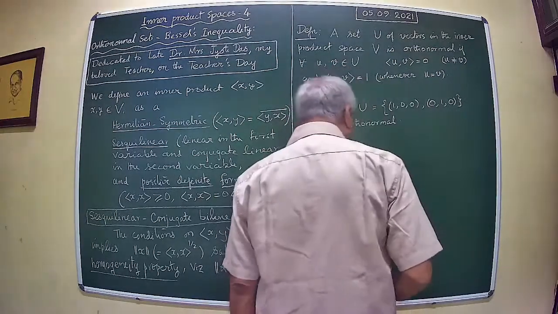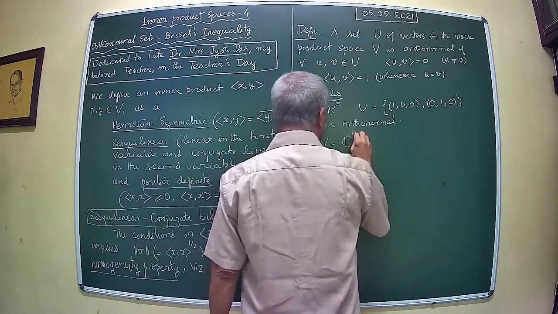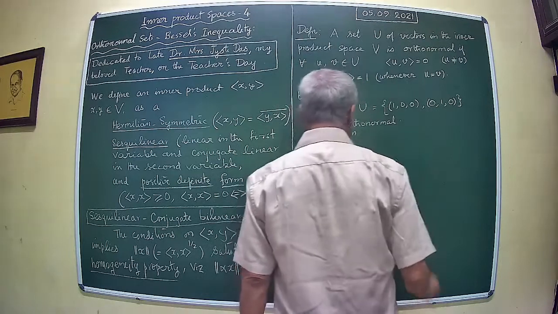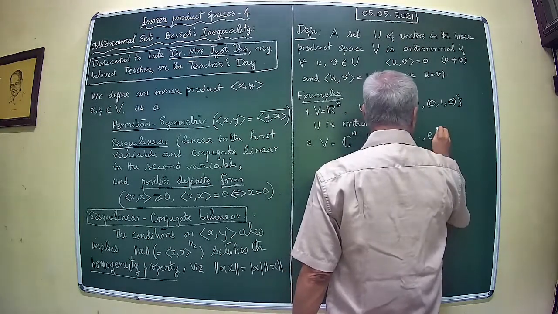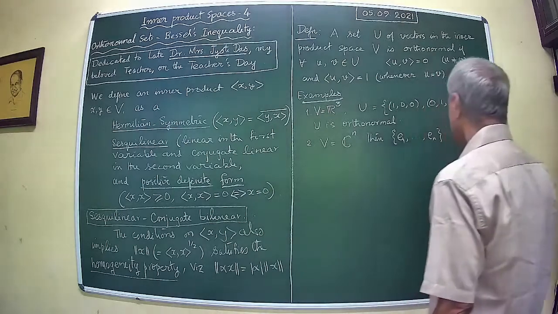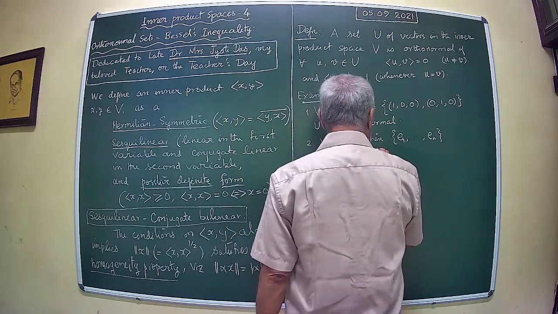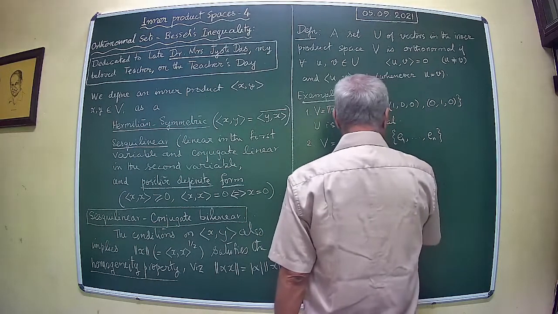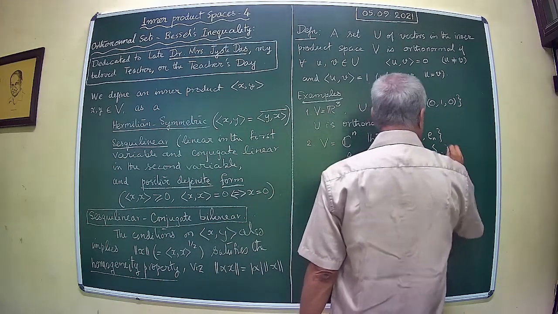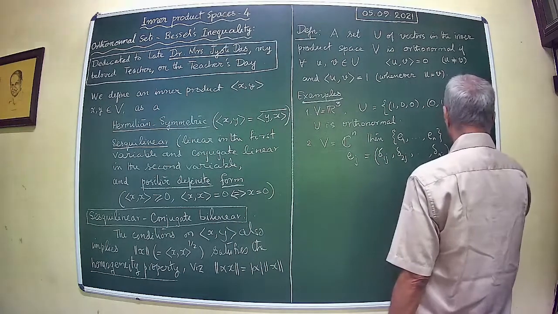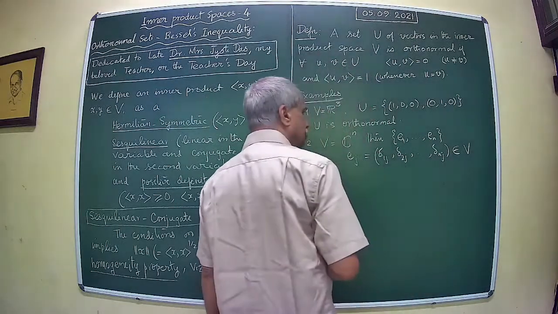In fact, for Cn, the vectors e_i with inner product delta ij, where delta ij is of course the usual Kronecker delta.